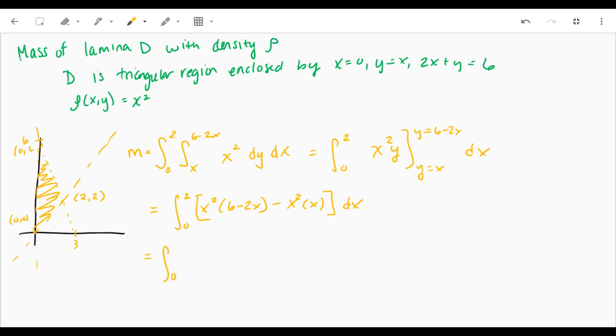So that'd be our integral from 0 to 2, 6x squared minus 2x cubed minus another x cubed, so minus 3x cubed. Now we'll have 6x cubed over 3, so 2x cubed minus 3/4 x to the 4th from 0 to 2. So we would have 2 times 8, which is 16. 2 to the 4th is 16, times 3/4 would be 12. And then the zeros won't matter, so we get 4. Okay, so there's our mass.